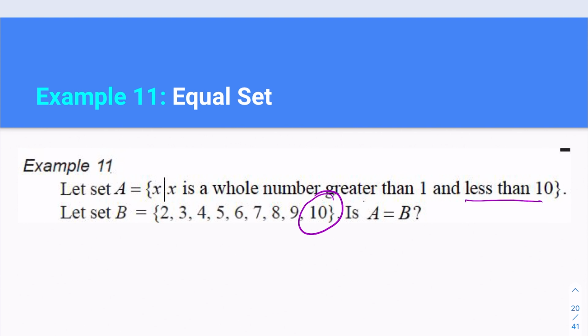So 10 is not less than 10. It would have to say less than or equal to 10 in order for it to be included there. So always be careful and pay attention to the parameters, like the endpoints of the sets.